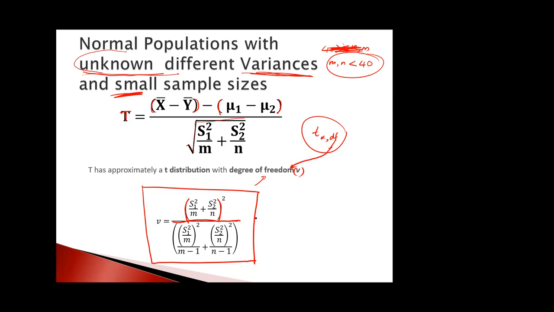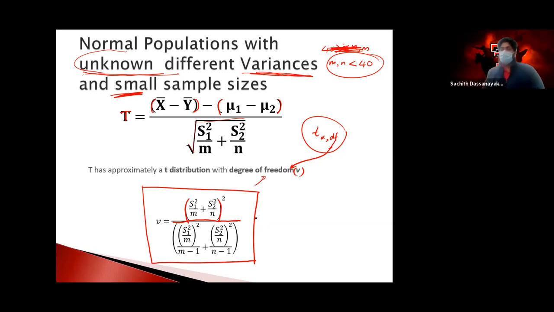At that time, round it up. If this value is, let's say, 2.51, simply assume that it is 3, because we have only integers in that table. So try to round it up.